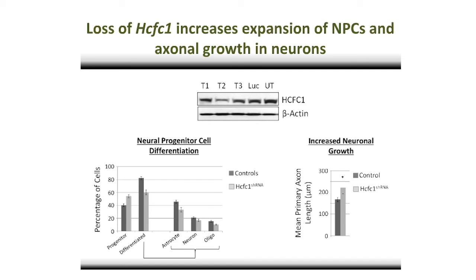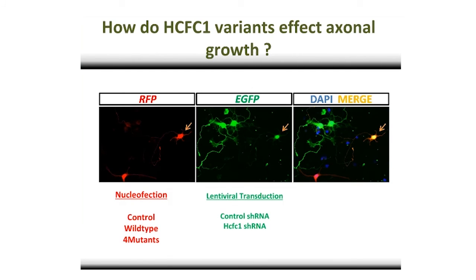And the short story is that when we knock down HCFC1 expression, we see kind of the opposite effect. We see increased progenitor proliferation and increased axon growth. And in fact, this increase in axon growth gave us a nice assay to test the significance or the functionality of the other variants that we had discovered.